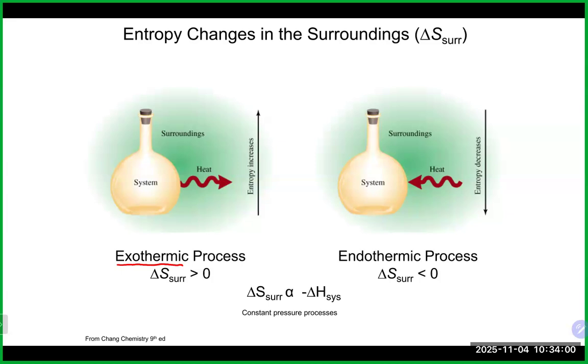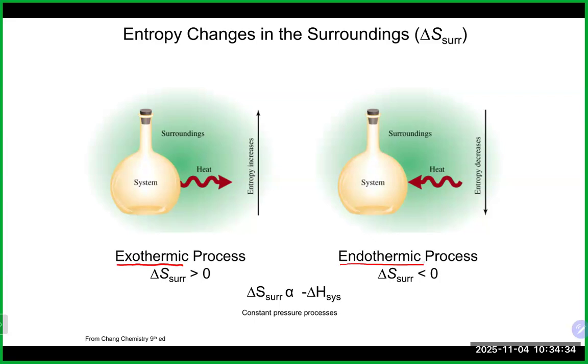If we have an exothermic process releasing heat and energy to the surroundings, that means the energy is going to be picked up by the surroundings, and all the molecules in the surroundings are going to gain a lot more energy. That's going to cause a lot more disorder in the surroundings as they pick up energy and start moving around and doing things. And we would see for the surroundings a more positive value for the change in entropy. The opposite is a little bit true here as well.